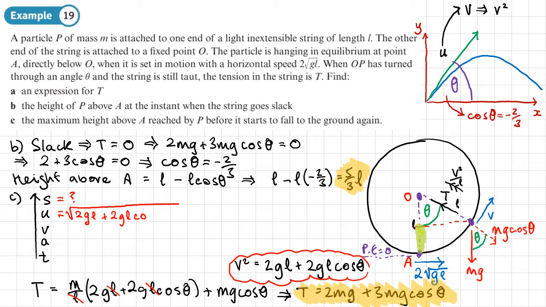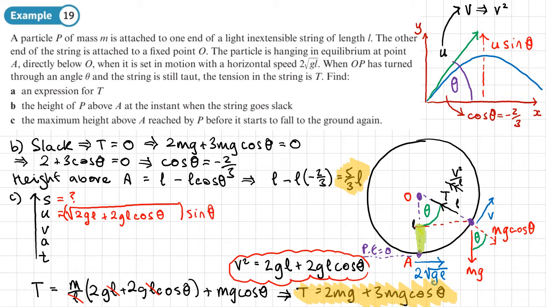We need to be careful actually, because we want to know this vertical component of the velocity. So that's going to be this part here, and this is going to be U sine theta.